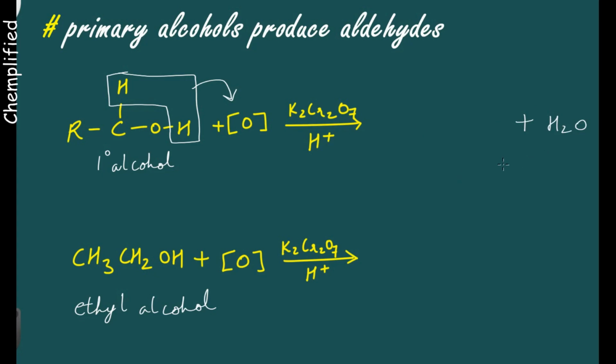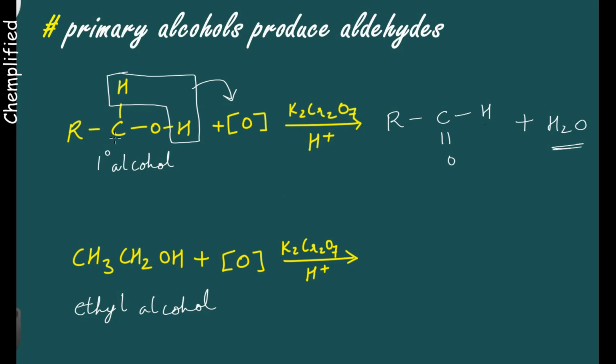right? So what is the main product that we will receive when we do the oxidation of primary alcohol using K2Cr2O7 or KMnO4? We will get water molecule as one of the products. The other product that we are going to get will be your aldehyde, right?